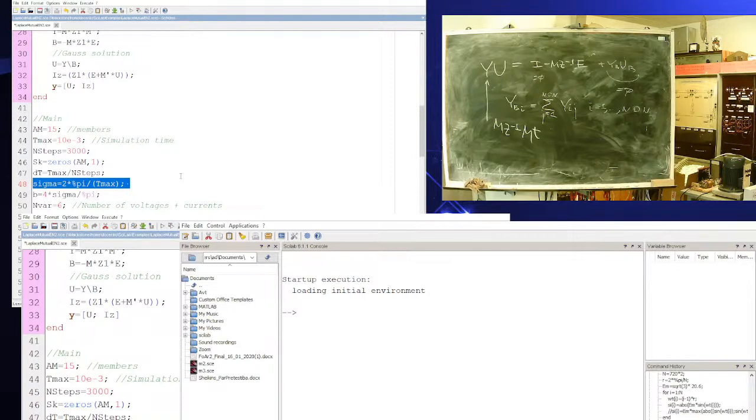It's a step of the frequency. It's a bit tricky. You need to select it somewhere around 2 pi divided by T. Bigger yields a faster calculus, but less precision.